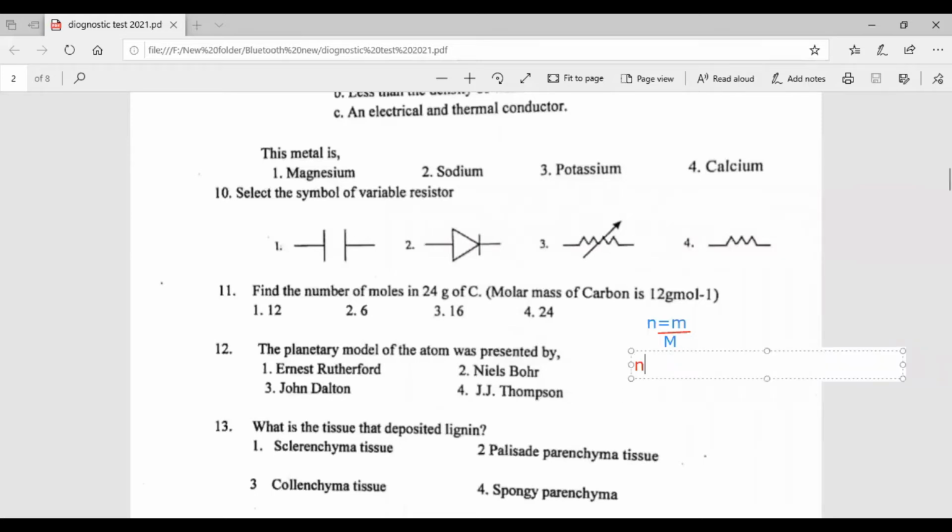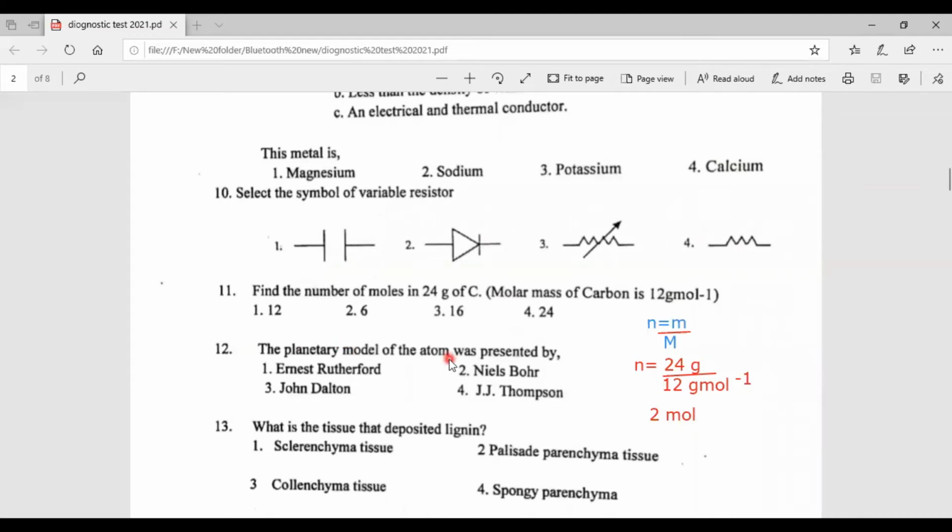So n equals m, which is given as 24 grams, divided by 12 grams per mole. Here the answer is 2 moles. In the answer part, no answer is like that, so you have to write down the correct answer like this.